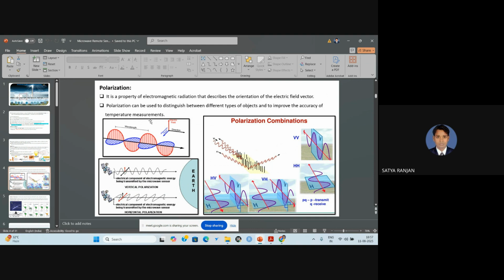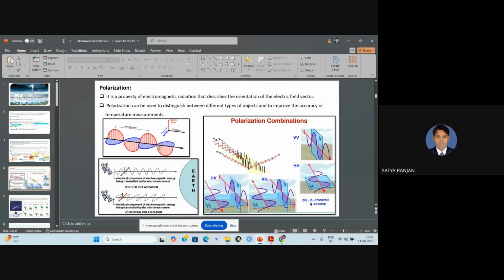In this picture, the electric field is in red, blue is the magnetic field, and the direction of the wave movement is in black. This is the way the EMR moves.